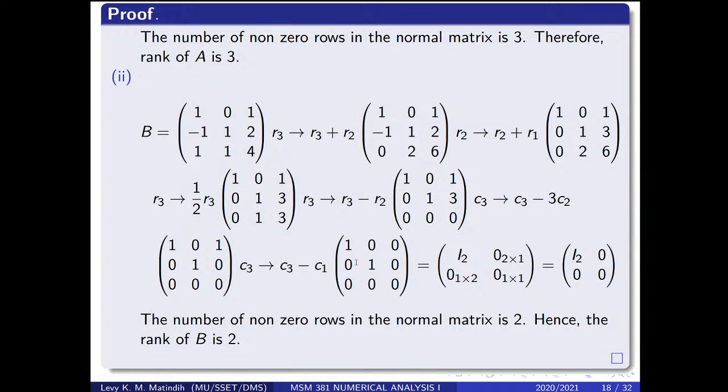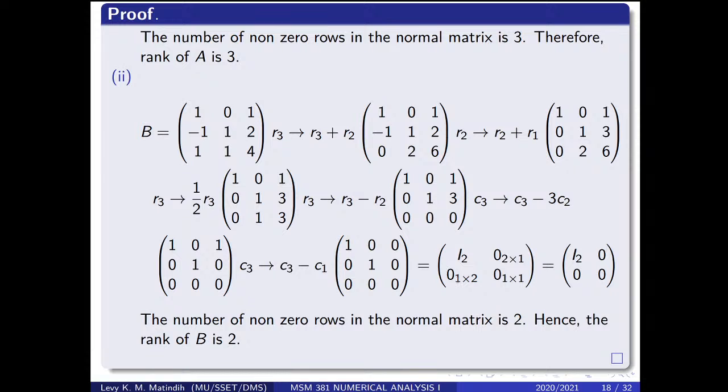Now, the question is, this normal form is of which form? This is the form. So you have this minor matrix, which is an identity matrix of order 2. So if we demarcate this matrix, we are going to have the minor matrix, then we are going to have this 2 by 1 zero matrix, this 1 by 2 zero matrix and the 1 by 1 zero matrix.